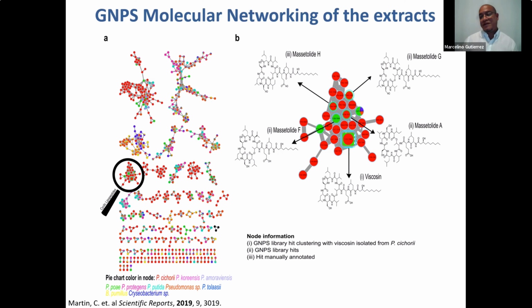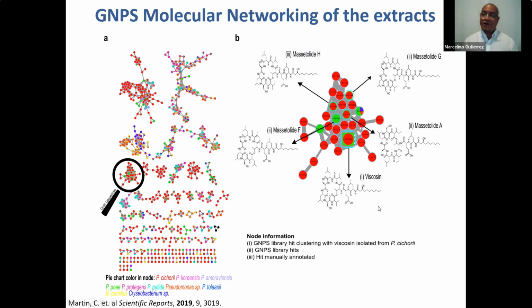So this analysis produces this kind of clusters, and if you identify one of the compounds, then all the nodes that you see here that cluster together belong to the same molecular family.